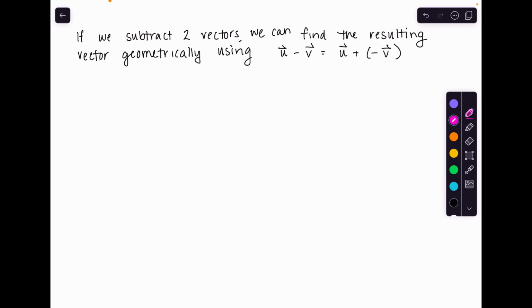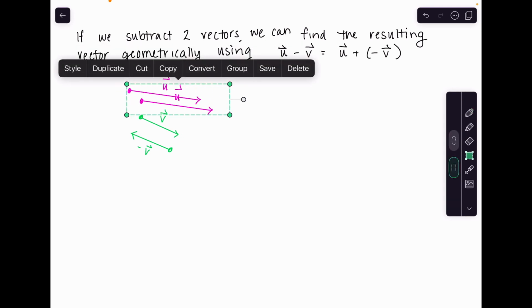So to show you an example of this, let's say here is our vector U, and then we want to subtract the vector V, which I'll say looks like this. Well, negative V is going to be the same exact vector, same length, but it's going to point in the opposite direction. So I'm going to go ahead and duplicate these.